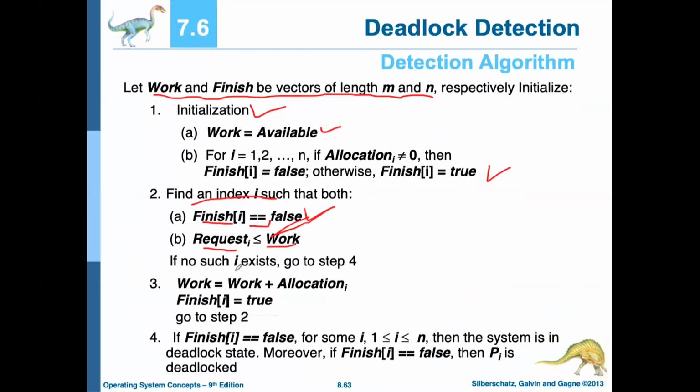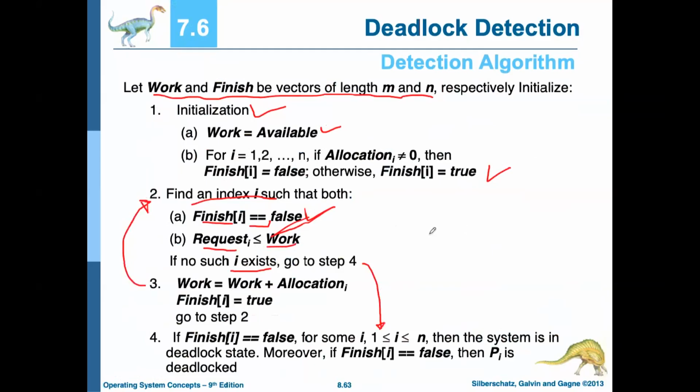If no such i exists, go to step 4. Otherwise, work equals work plus allocation[i], finish[i] equals true, and go to step 2.